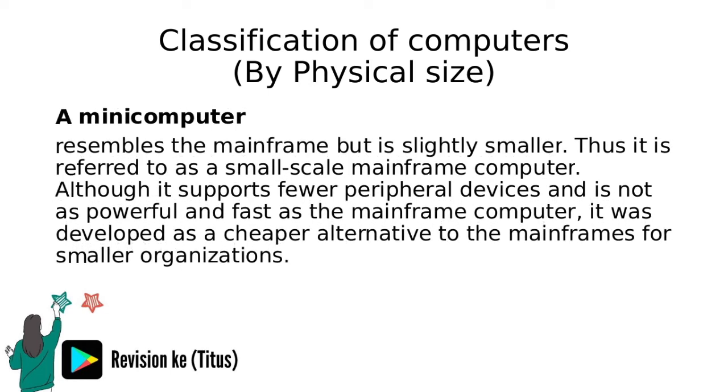A minicomputer resembles a mainframe, but it's slightly smaller. It's quite often referred to as a small scale mainframe computer. This one is used in scientific labs. You can see them in institutions of higher learning, used for research and accounting.